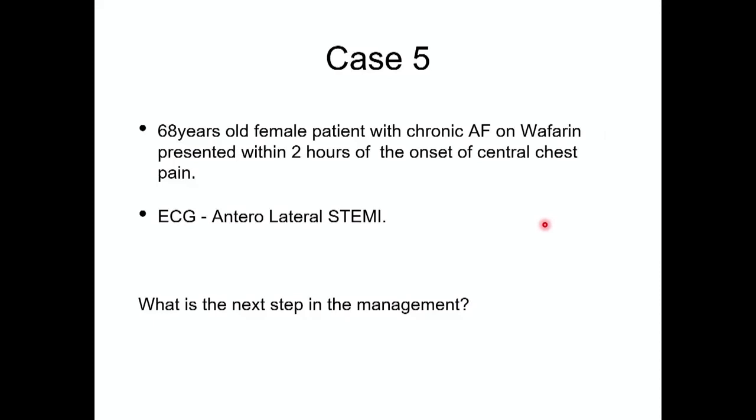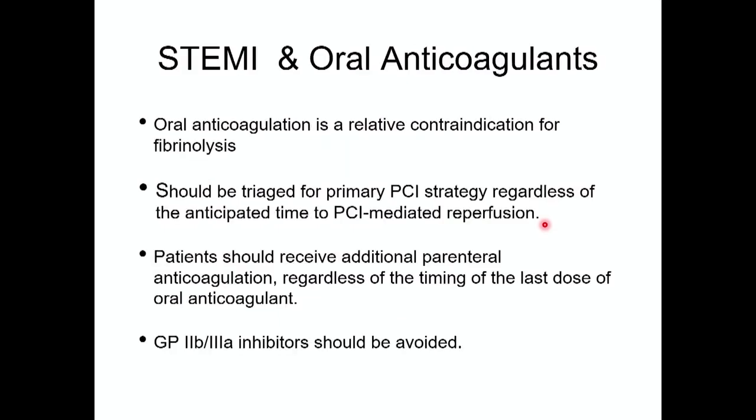Number 5 is a 60-year-old female patient with chronic AF on warfarin developing anterolateral MI. The risk of bleeding is quite high, so inevitably she is not suitable for thrombolysis. Oral anticoagulation is a relative contraindication for fibrinolysis, and you should try a primary PCI strategy regardless of the time delay.